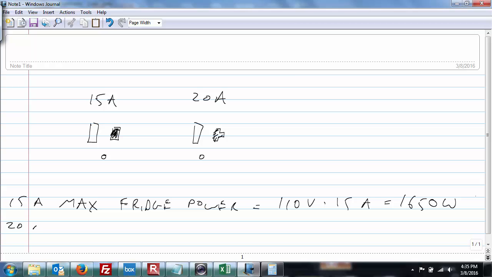If you got a 20 amp circuit, max fridge power equals 110 volts times 20 amps equals 2200 watts. You're almost never going to see a fridge that powerful. Normally, they're going to run anywhere between 5 to 10 amps. I think the one in my house is like 7.